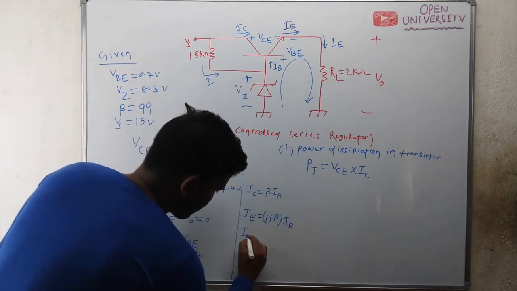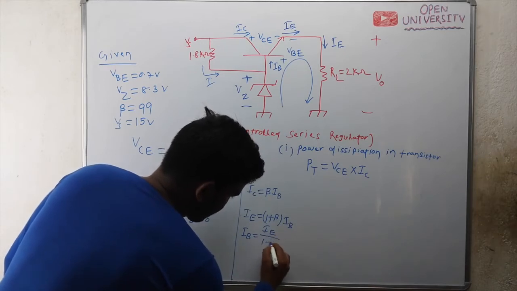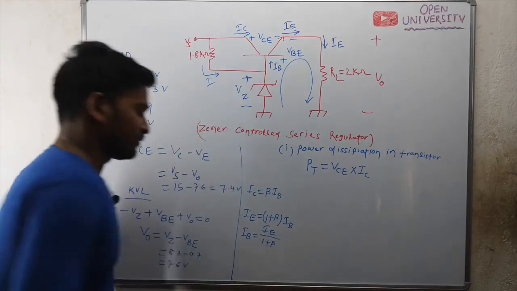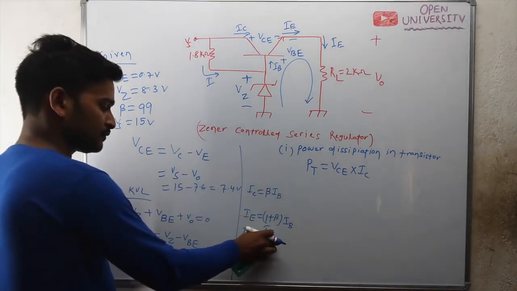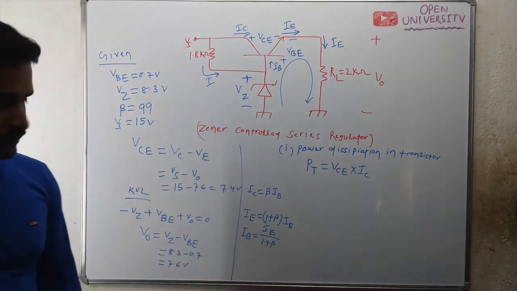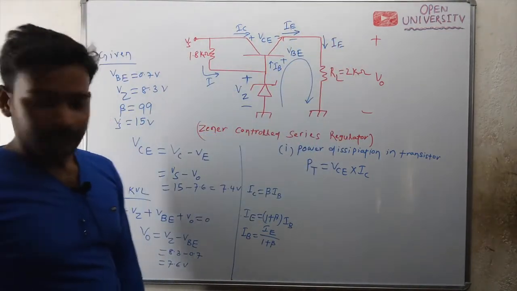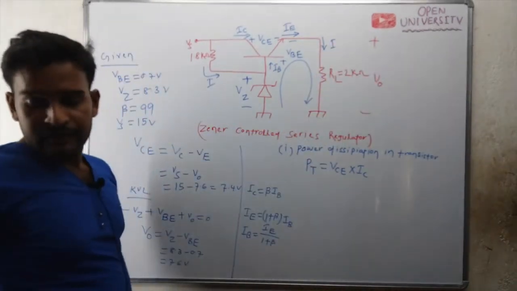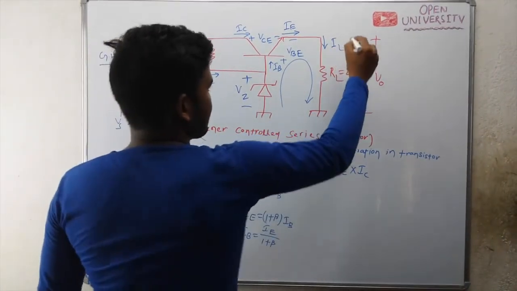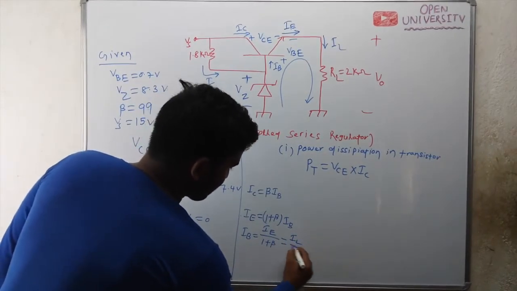So IB equals IE by 1 plus beta. What is IE? IE is same as IL, which is IL by 1 plus beta.